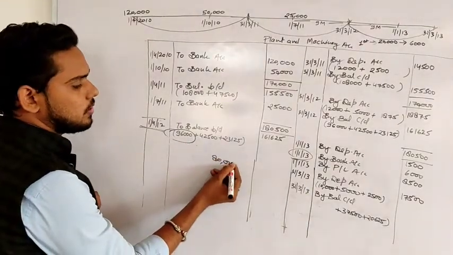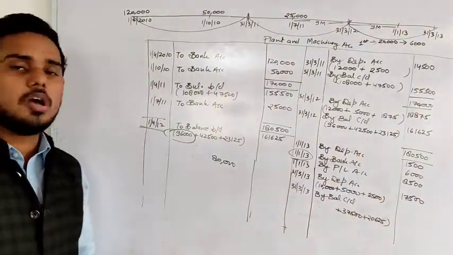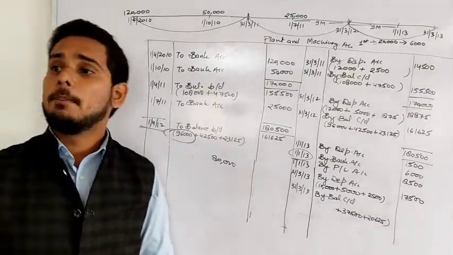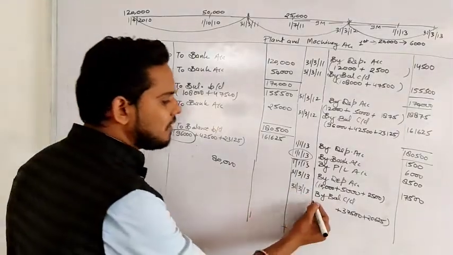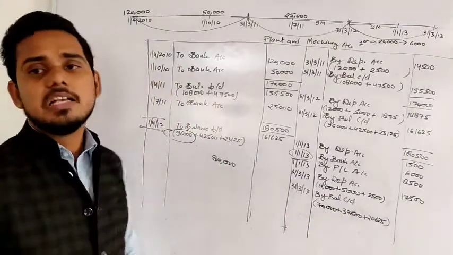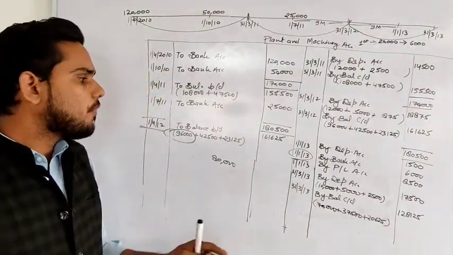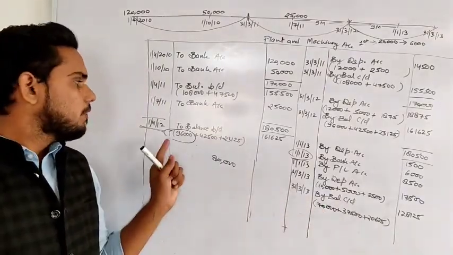be 80,000. We can say that on 1st April 2012, we were not having 96,000 but 80,000, on which we charge depreciation of 10,000. So now the value of that remaining part will be 70,000. Now see one thing. How we find the closing value 70? We did one simple thing.